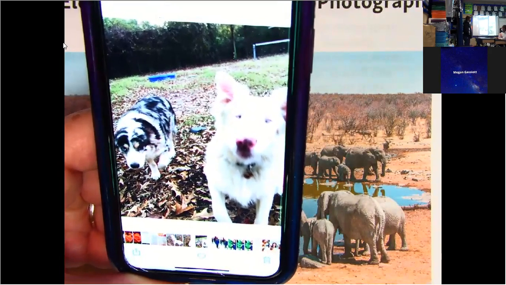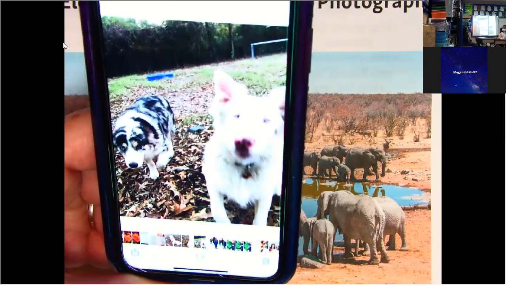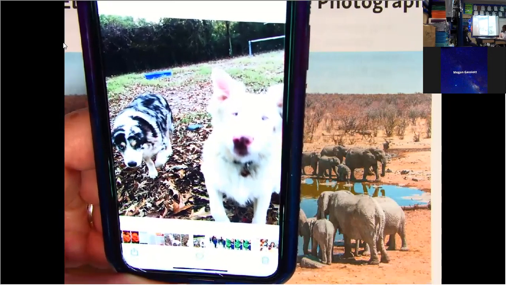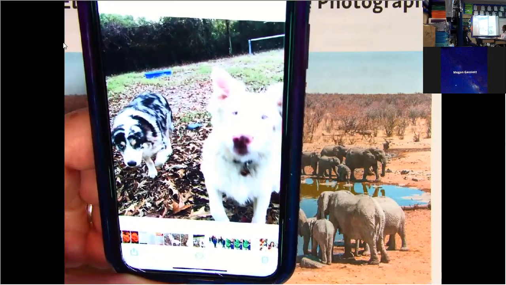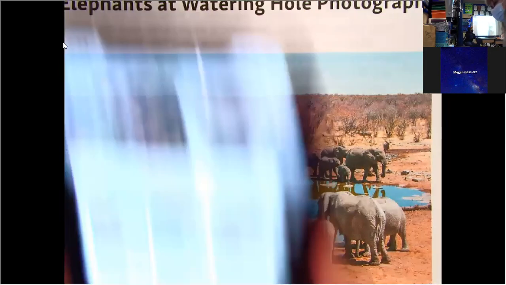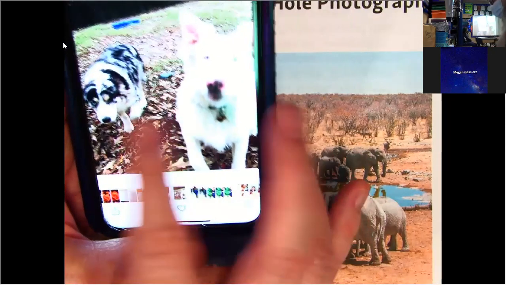Yeah, but that's Ace. You see how his eyes are messed up? They're both blue. He's aggressive, but he's the most muscular Aussie we've ever had. But he's cute though. I like his cute. He looks mad.